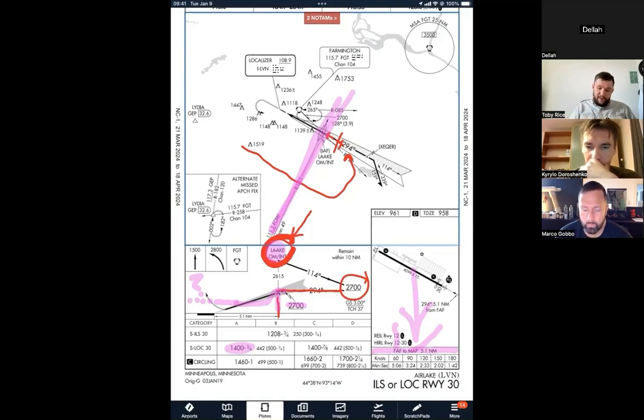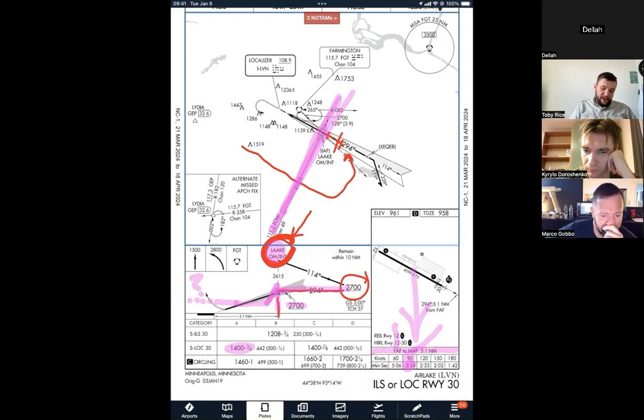It could be based on a variety of things. But typically, on this approach, the missed approach point is based on your ground speed and the time. So once you cross Lake and your marker beacon is beeping at you, and you cross the radial, you descend to 1400. You immediately start your timer for 3 minutes, 24 seconds.